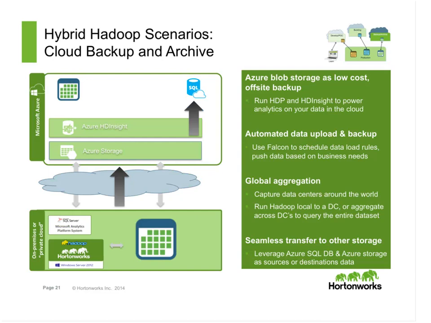There's a technology within HDP called Apache Falcon. Falcon can be set up to do this automated push, if you will, or sending of this data off to the cloud or to other data centers, if that's something that's important to you.